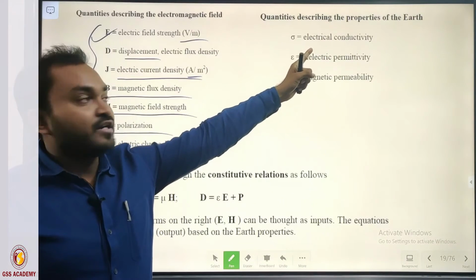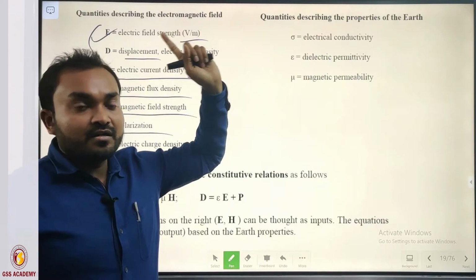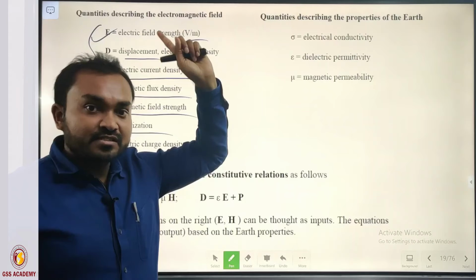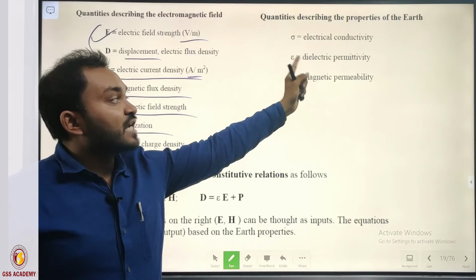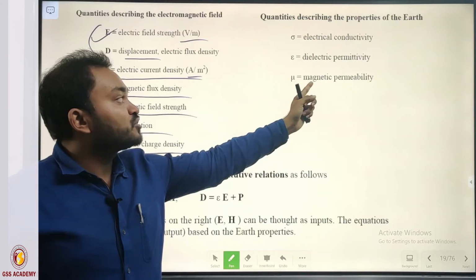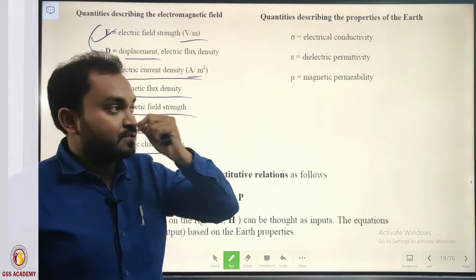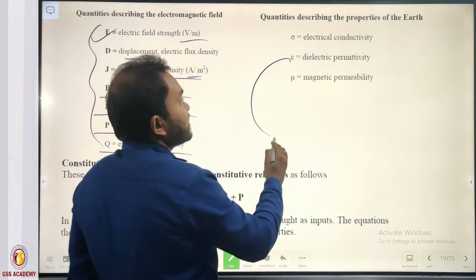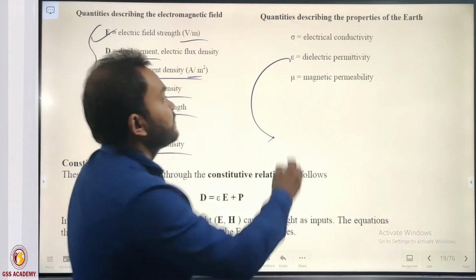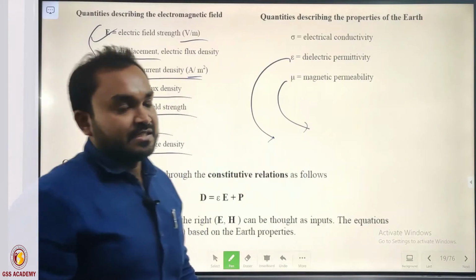Okay, these are related, and there are also quantities that describe the properties of the earth. Sigma is the electrical conductivity, and rho is the resistivity. Epsilon is the dielectric permittivity, and mu is the magnetic permeability.